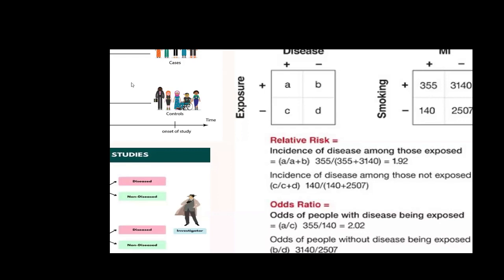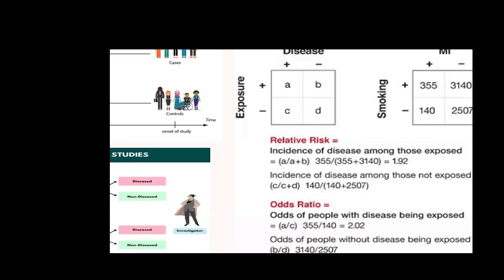In a case control study, we first find the cases and controls, and then we go back. Among the cases, how many are exposed and how many are unexposed? Similarly, in the control group, exposed and unexposed. So this is the direction of the case control.